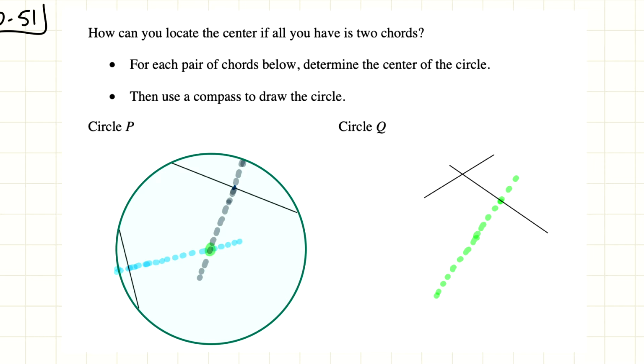And then I'm going to approximate the center of the other chord is probably here, and make sure it's perpendicular. You should notice they intersect, which gives me a center of the circle.